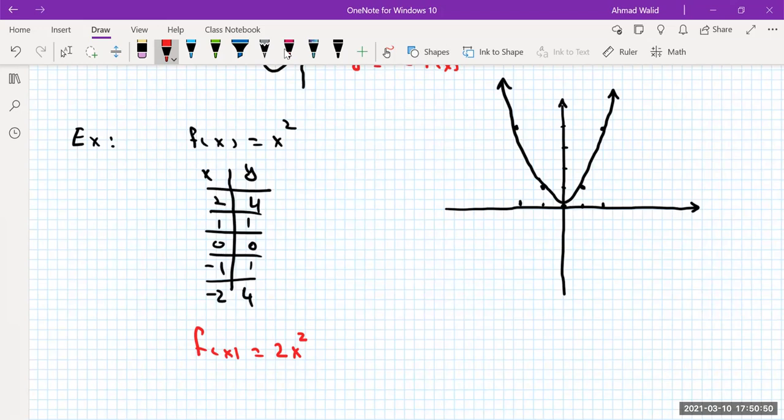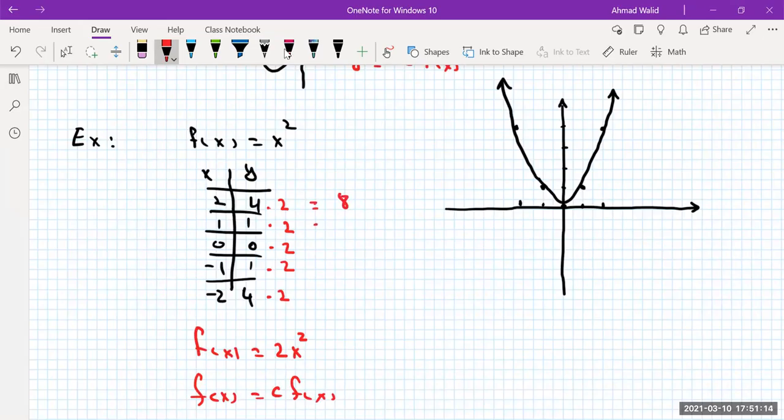What you do, the easy technique, is multiply your y column by the number, whatever that c is. You see, y equals c f of x. c is 2.